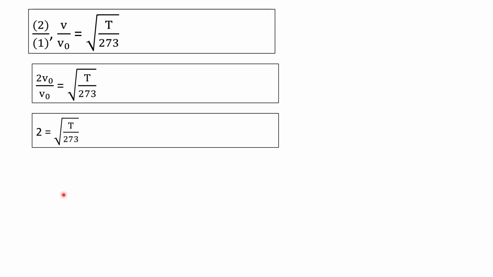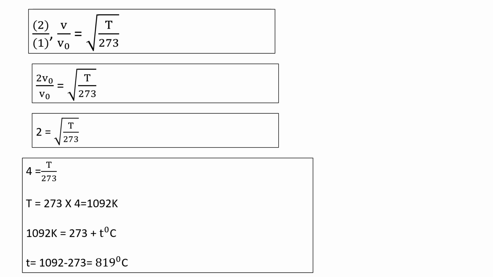We can cancel V0 from the numerator and denominator. So 2 is equal to root of T by 273. On squaring both sides, we get 4 equals T by 273. So T equals 273 into 4, that is 1092 Kelvin.